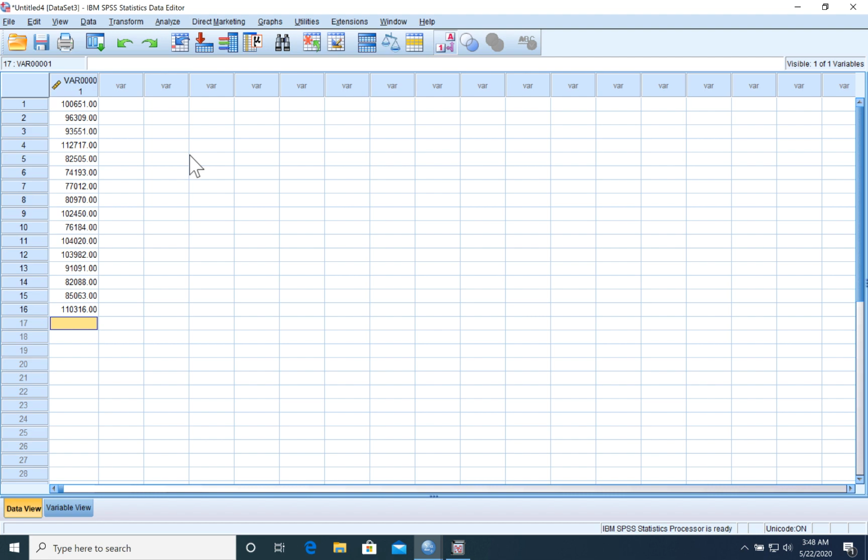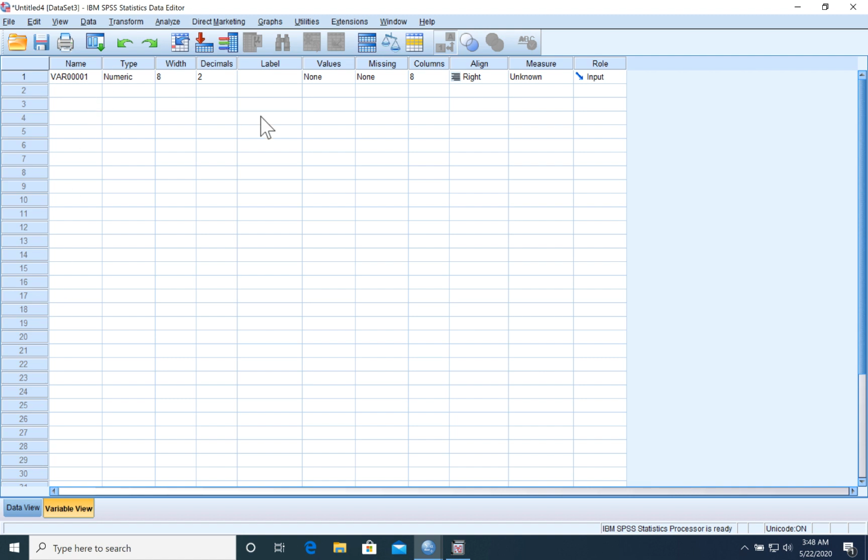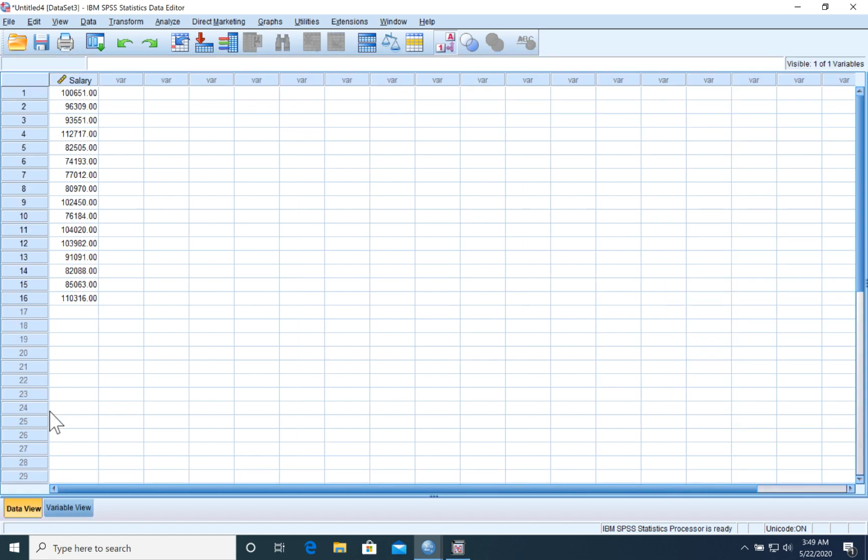There we go, we entered the data. Just go to the variable view. We'll go to scale level. We'll just call this salary. Okay, we don't have to create labels. We don't have to do any of that. Alright, so let's go back to data view.